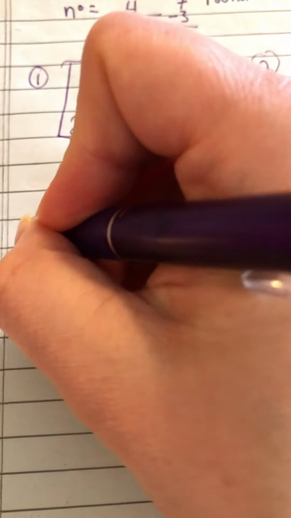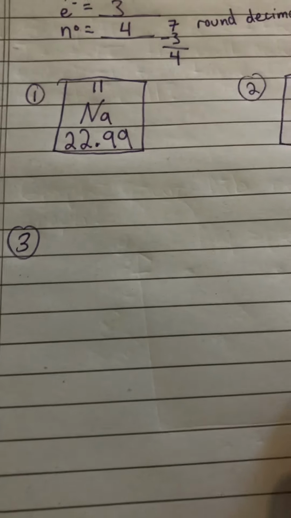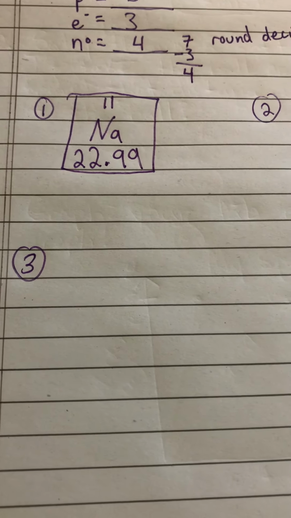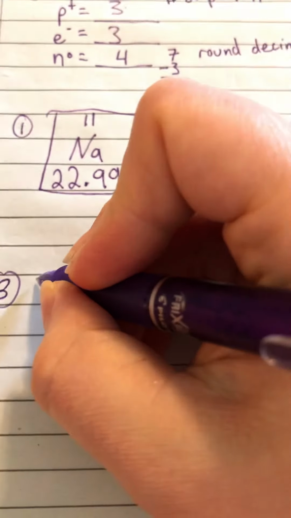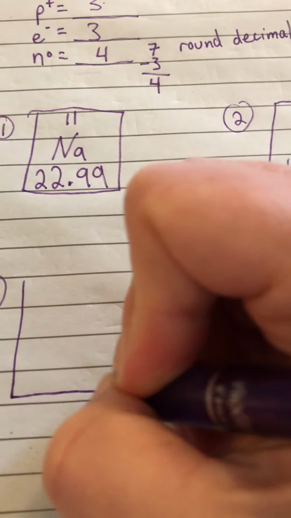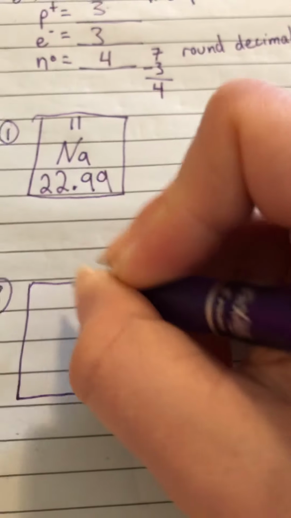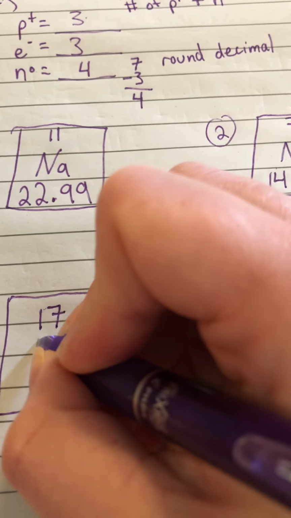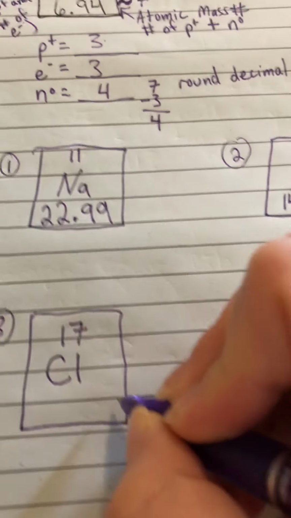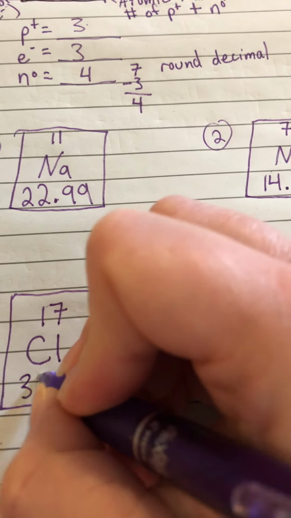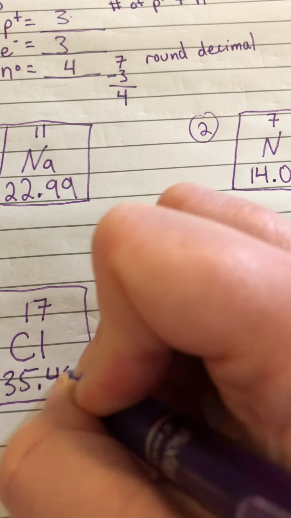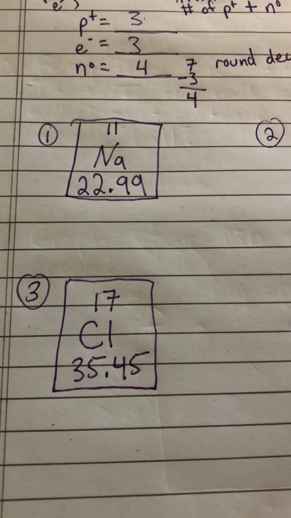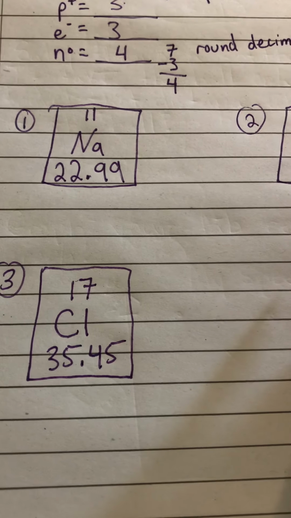Your third problem, and by the way, I want you to do 4 of these. We're going to go with chlorine. Chlorine is the 17th element. Its symbol is Cl, and it is 35.45. Okay, so there's your number 3.